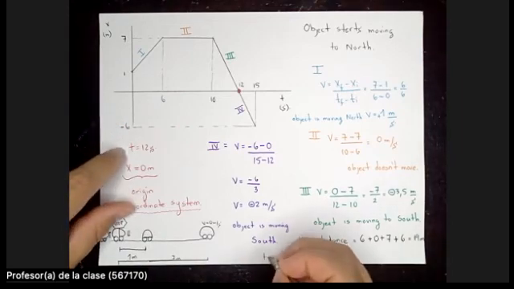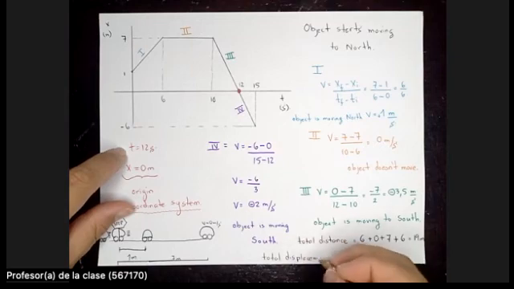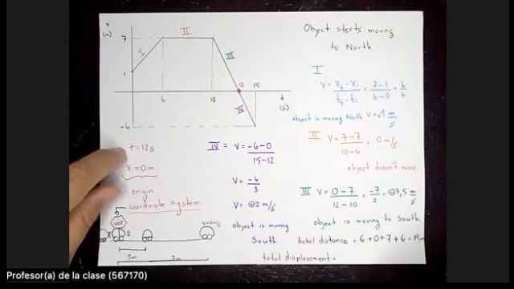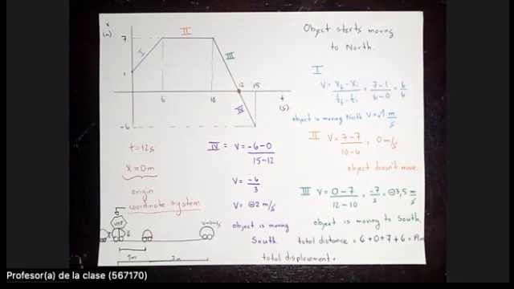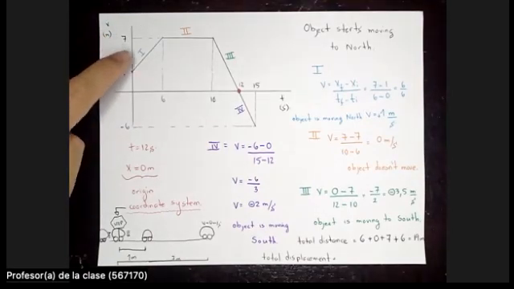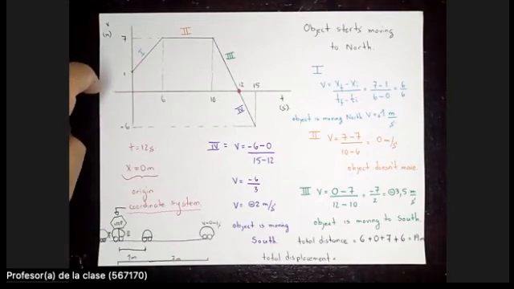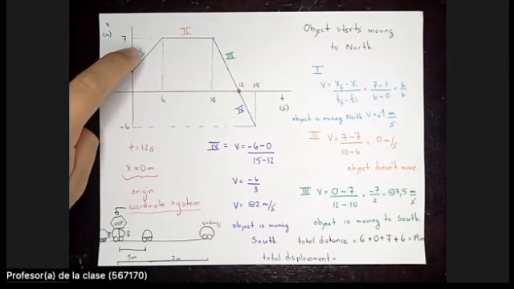And the total displacement here is going to be 6 meters to the north for the first interval.